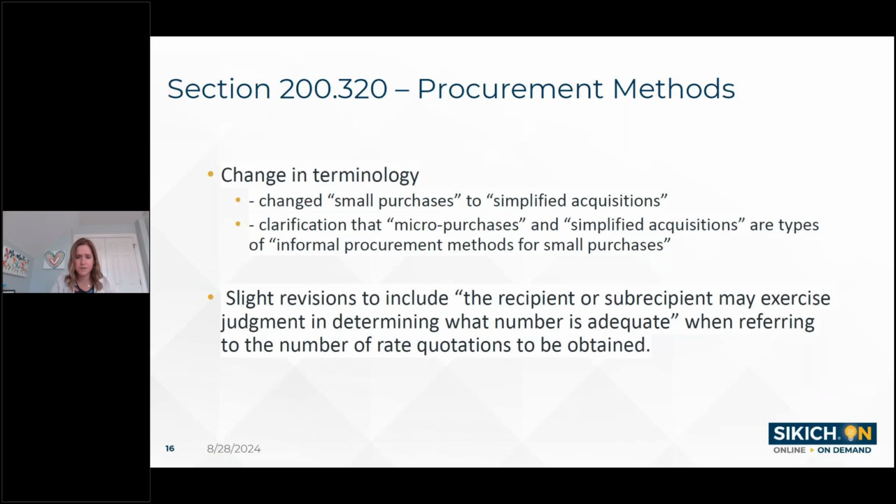Slight revisions include as well that the recipient or subrecipient may exercise judgment in determining what number is adequate in terms of the number of rates or quotes that they get when they are procuring a simplified acquisition or a micro purchase.